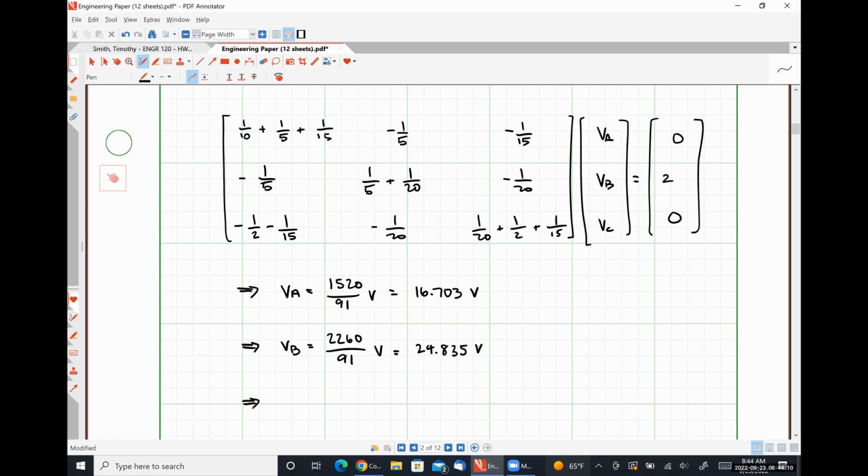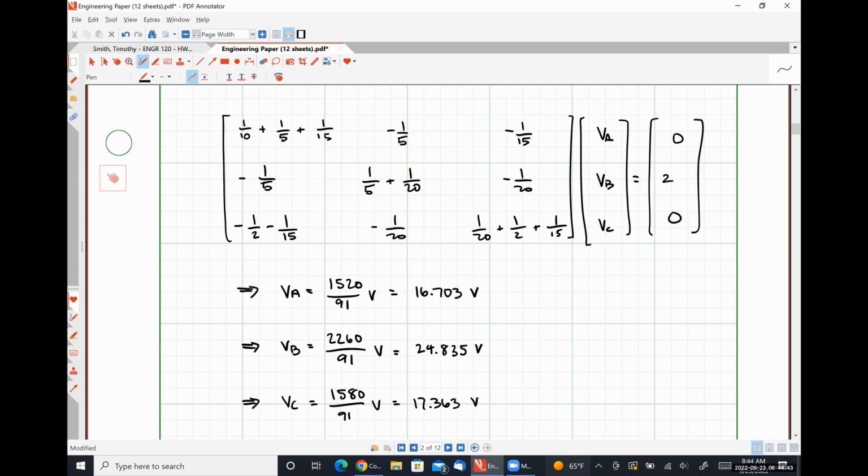And VC is 1580 over 91, or 17.363 volts. These numbers match what I got when I wrote this thing out, I don't know, 5 years ago, so I feel like we did it right.